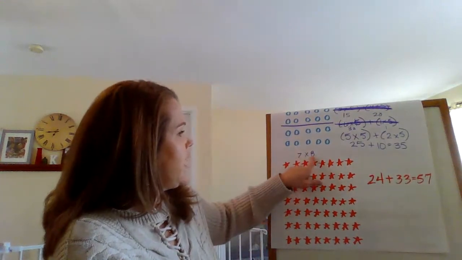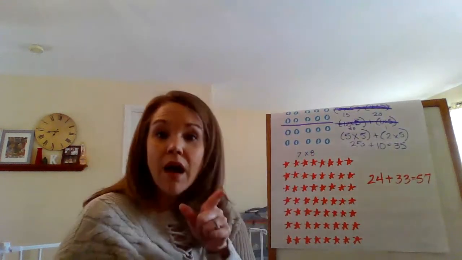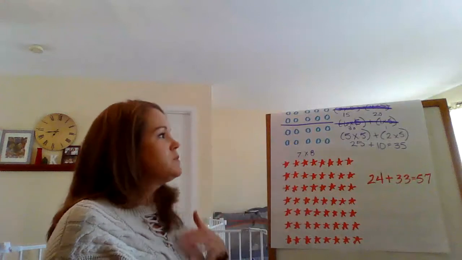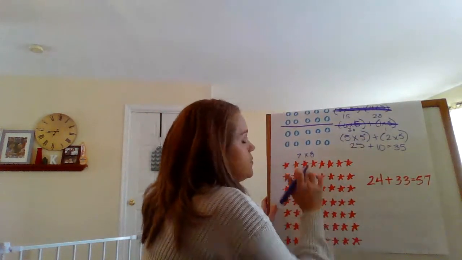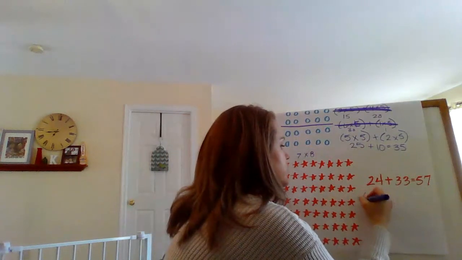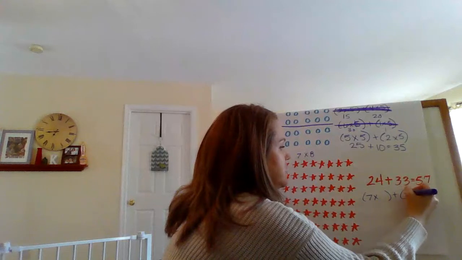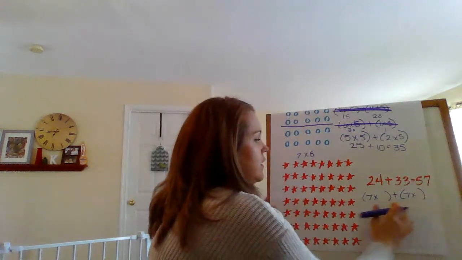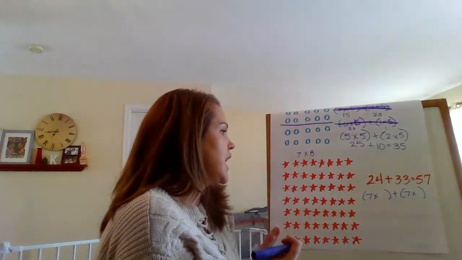So let's figure out if they broke up the 8. How can we bust up an 8? Let's bust up an 8, guys. We know that in our problems, we're going to keep the 7. So our two smaller problems are 7 times something plus 7 times something.